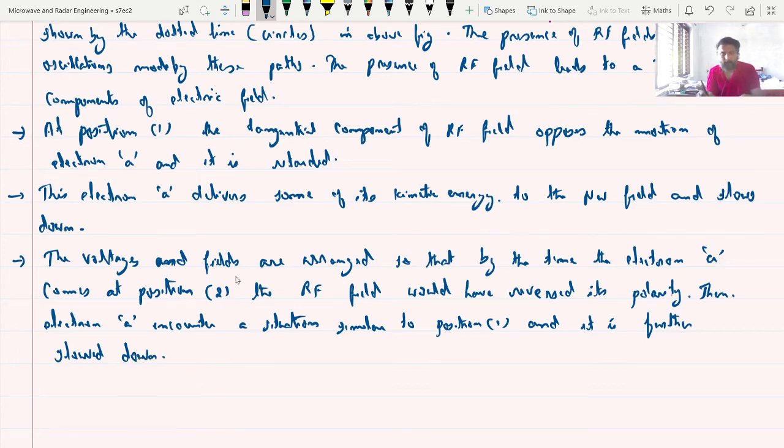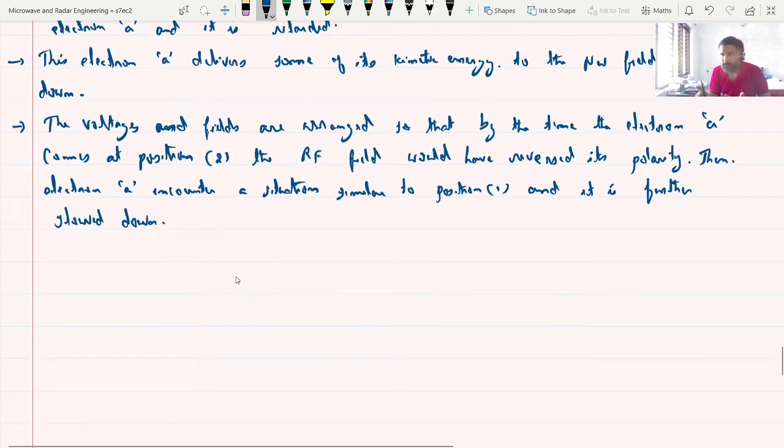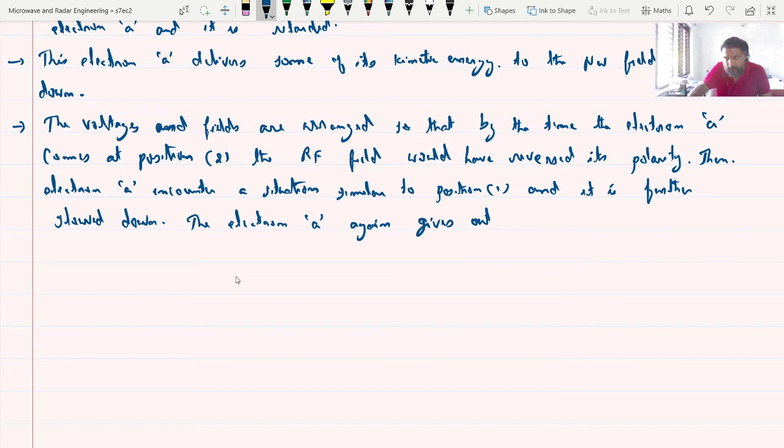Again, electron A gives out its kinetic energy to the microwave oscillation. I will write this as Ke to microwave oscillation.